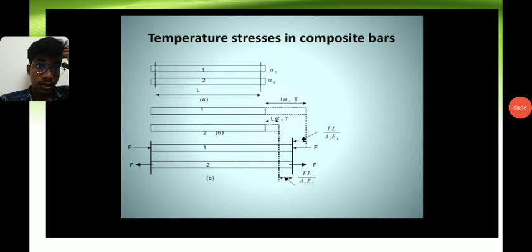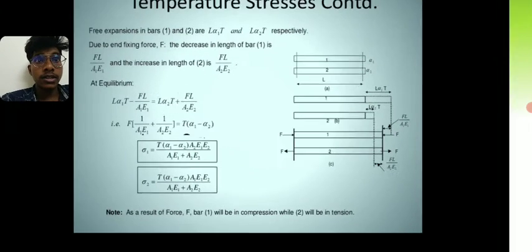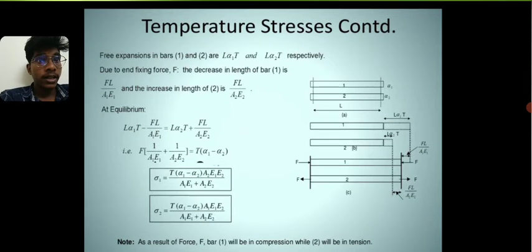The temperature stresses continue. Free expansions in bar 1 and bar 2 are L into alpha 1 into T and L into alpha 2 into T respectively.